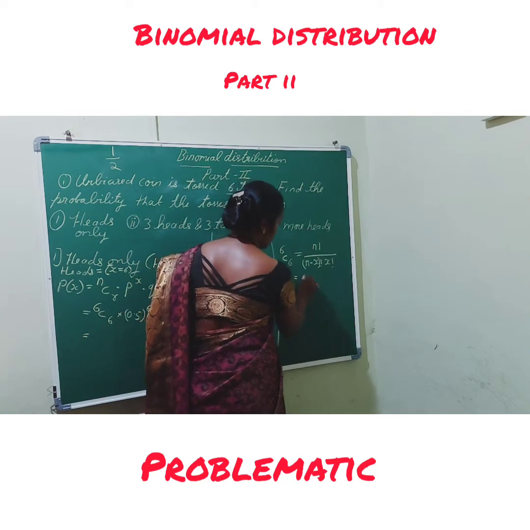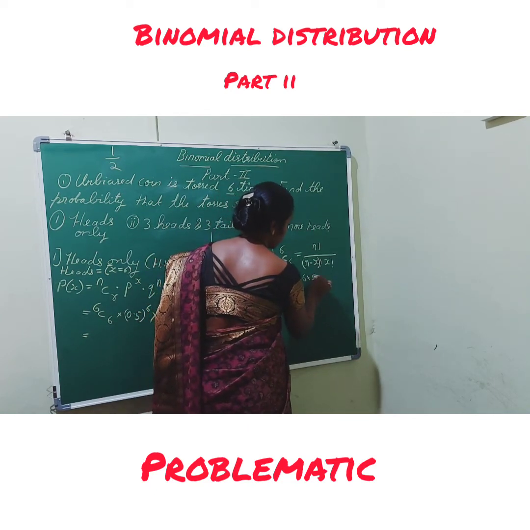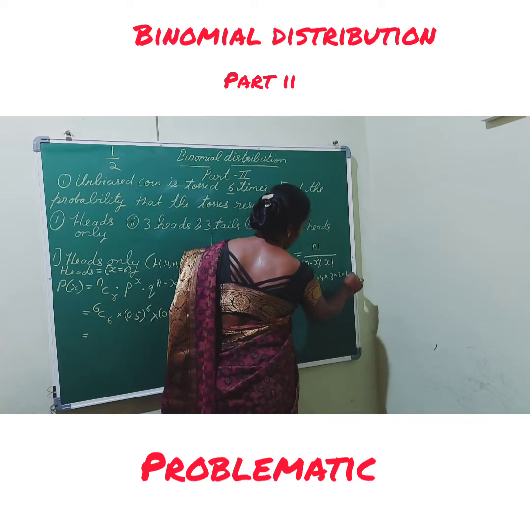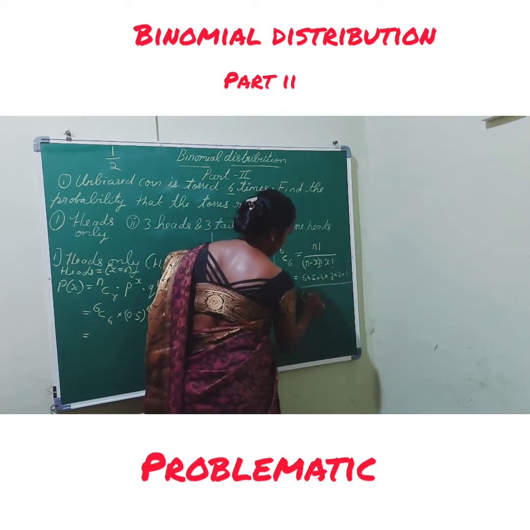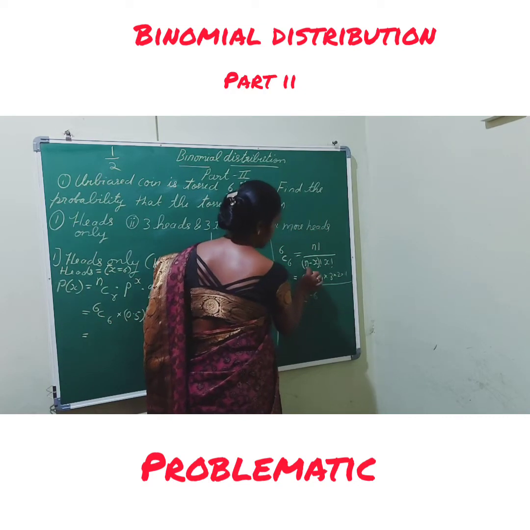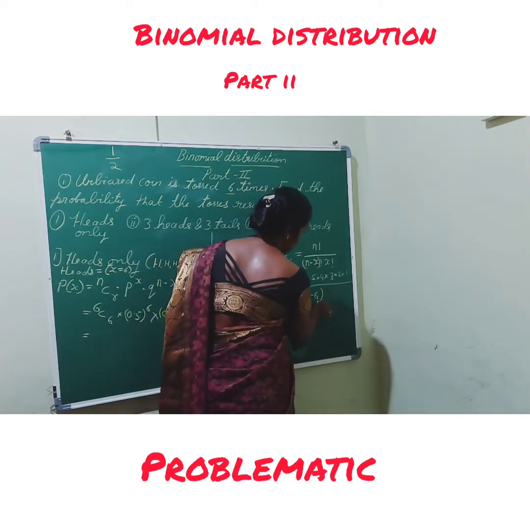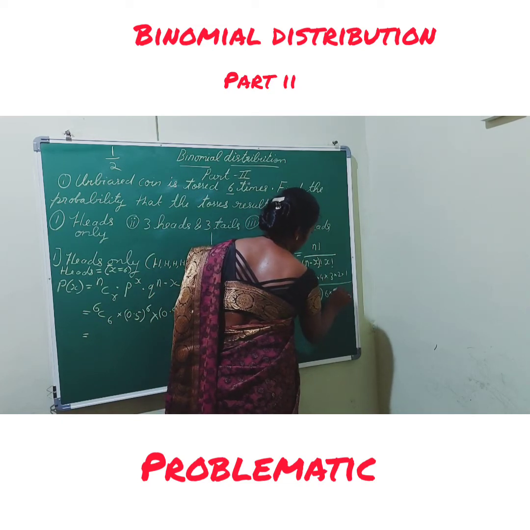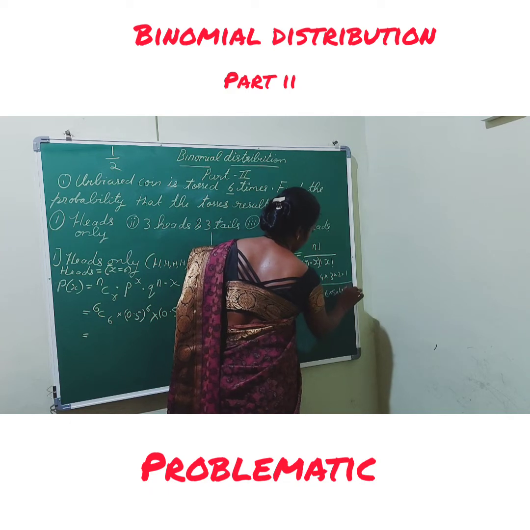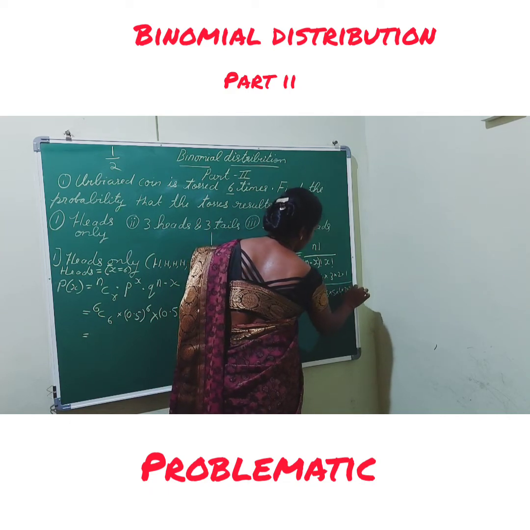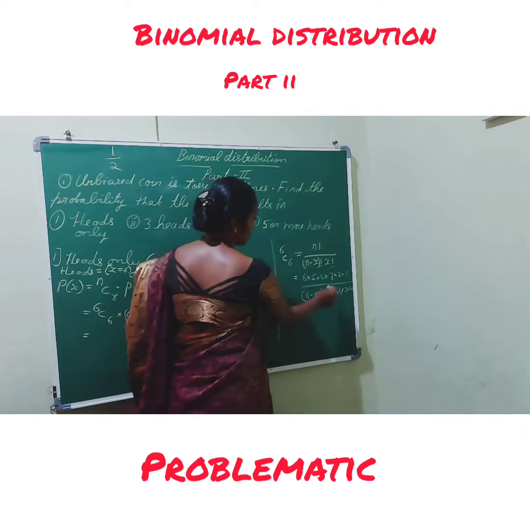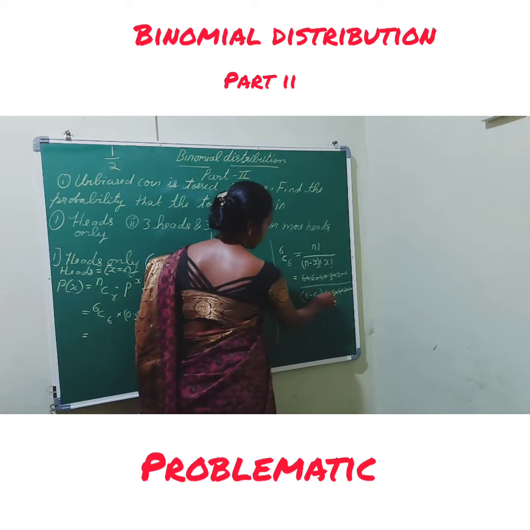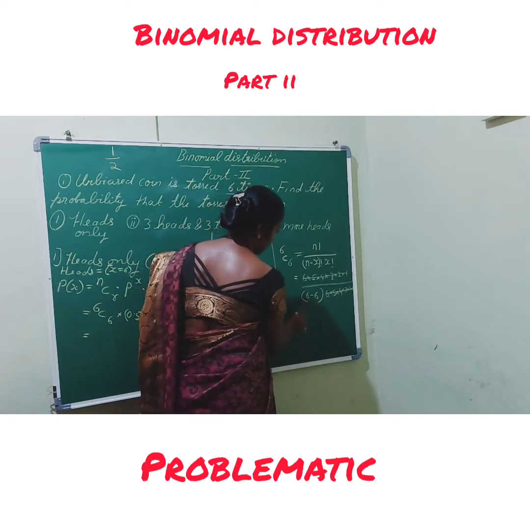So n is 6, so 6 into 5 into 4 into 3 into 2 into 1, divided by, in brackets, 6 minus 6, since the x value is also 6 and the n value is also 6, and again x factorial, 6 into 5 into 4 into 3 into 2 into 1. Last class we have solved this. So the 1 up to 6 will get cancelled, and 6 minus 6 is 0, factorial of 0 is 1.